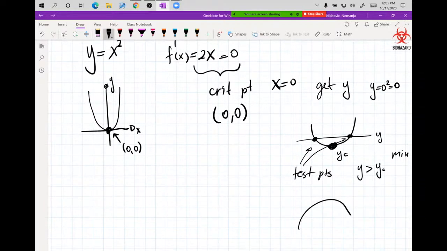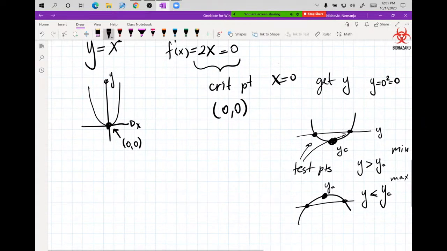For a maximum, common sense, again, here I have my two test points and my critical point. Y smaller than yc means that the point is a maximum.